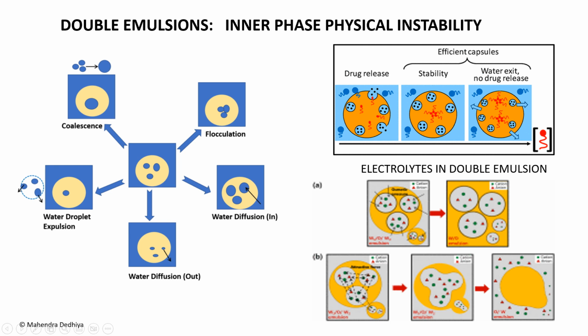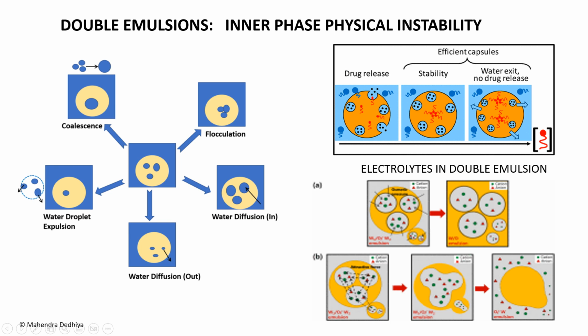Efficient capsules will prevent the drug and also the inner globules from coalescing or releasing. So even if water were to exit, emulsion characteristics will still remain and the drug will not release.